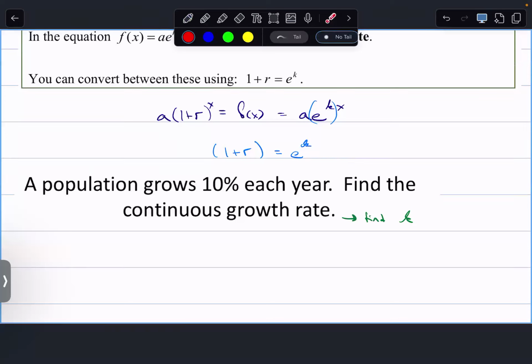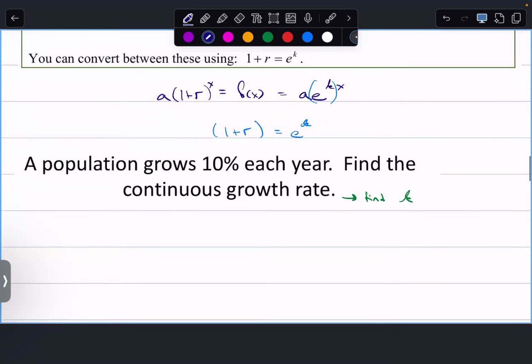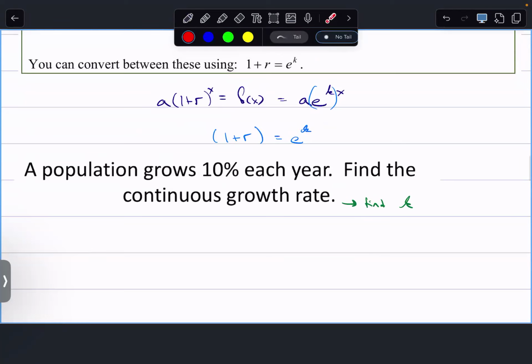We could start here. You don't have to, you can jump straight into 1 plus r is e to the k, and we have r, and you can solve for k. But let's take it one step back.